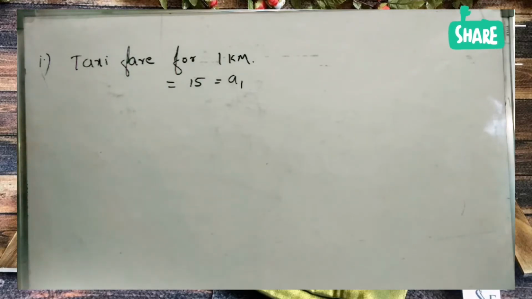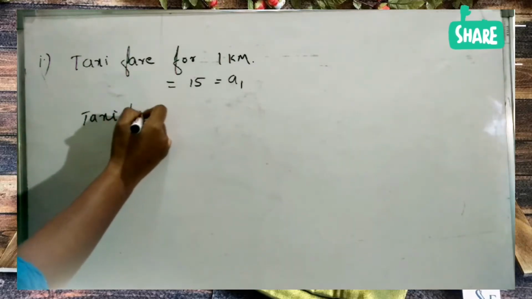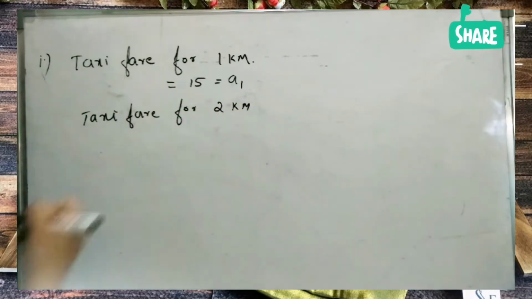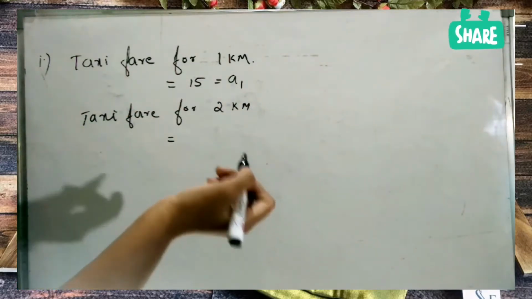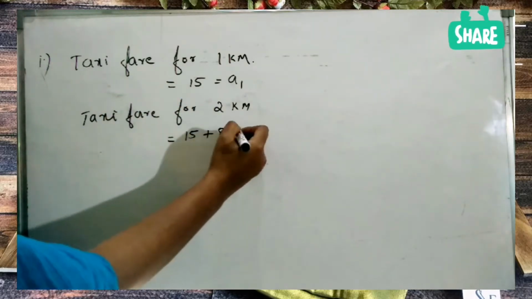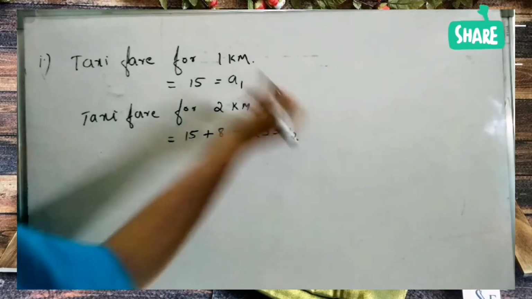That means taxi fare for 2 kilometers is equal to rupees 8 additional. So 15 plus 8 is equal to 23. This is our A2.